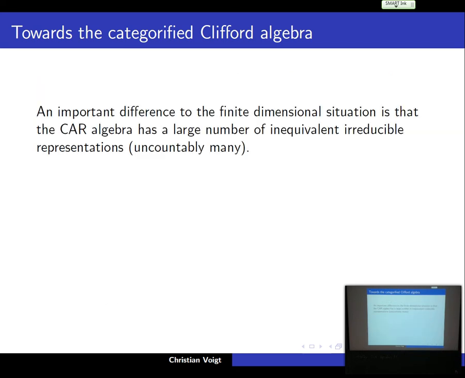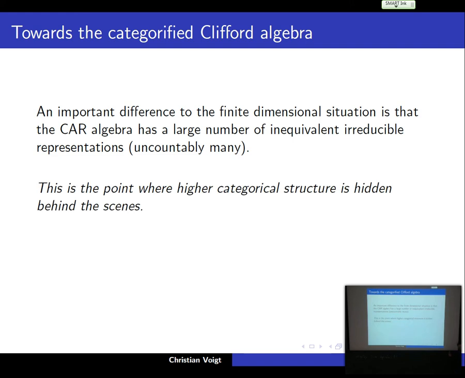But the main difference between infinite dimensions and the finite dimensional case is that now there are a lot of inequivalent representations of the CAR algebra. So it's not type 1, so you have a lot of inequivalent irreducible representations. And this is actually why you get an additional layer of categorical structure. This is the main observation that one should make at this point.